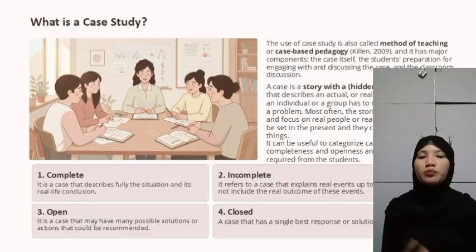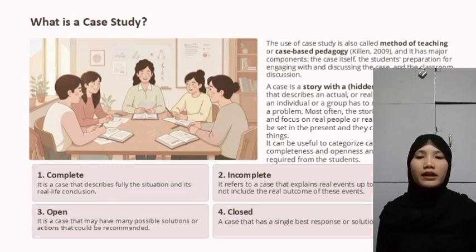Second is the incomplete case, where the event, situation, or problem is real, but the real outcome is not included, or it is not specific whether it was solved in reality.